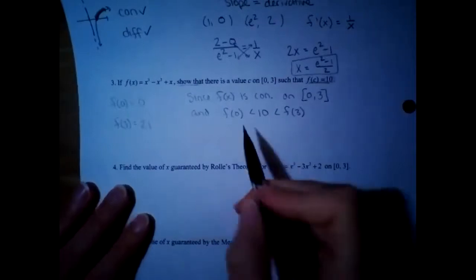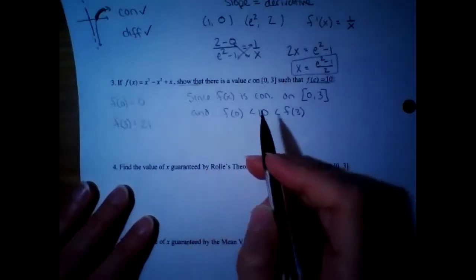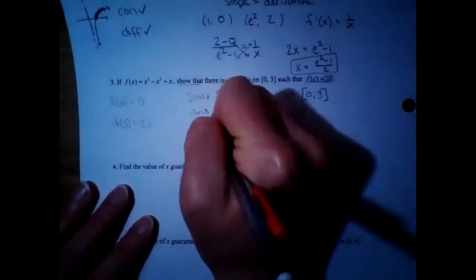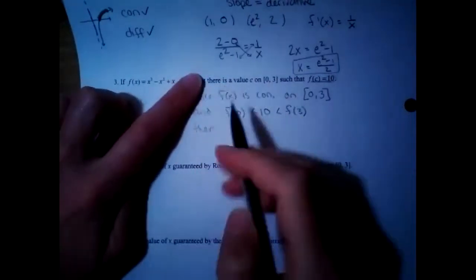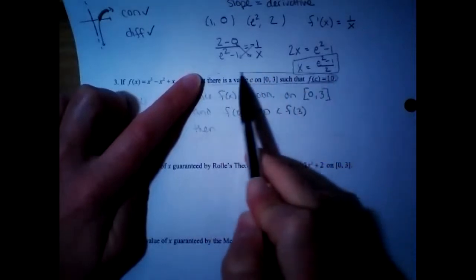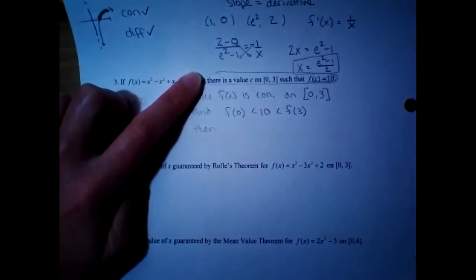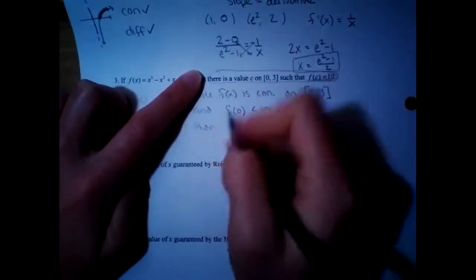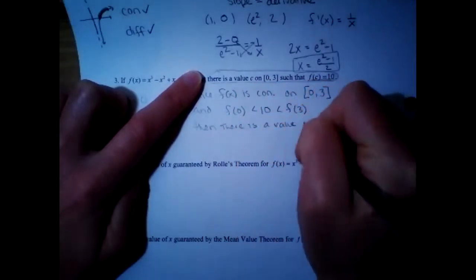All right, so since the function is continuous on this interval, and this is all true, then, and here's where you get to throw their own words back at them. They wanted you to show that there is a value c on this interval such that f of c equals 10. You're just going to repeat that. Like, I know it's a little bit of writing, but just say that again. Since all this is true, then there is a value c. I'm not joking.